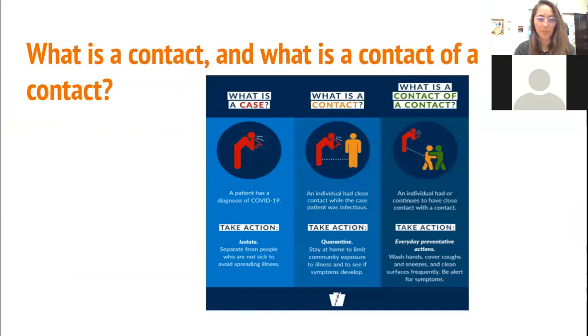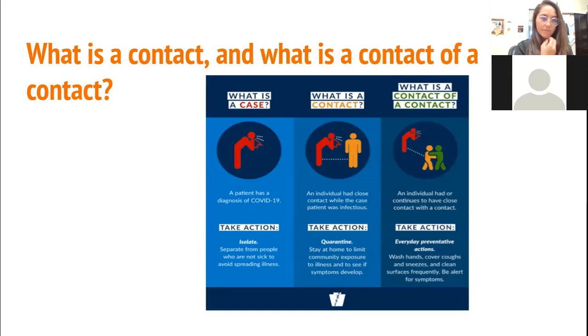Okay, so first, this is one of the most commonly asked questions, and it's because it is a little bit fuzzy, and a lot of it depends on the specific scenario that you're in. So the question is, what is a contact? What is a contact of a contact? How do you know when you need to stay home? So a case is when a person has a diagnosis of COVID-19, either based off of their symptoms or based off of a positive test.